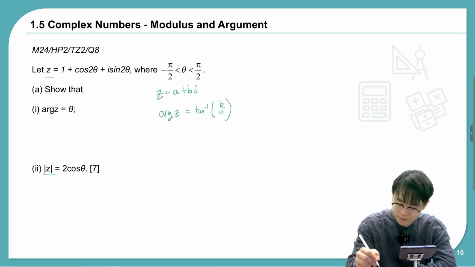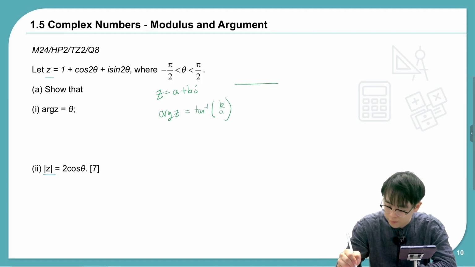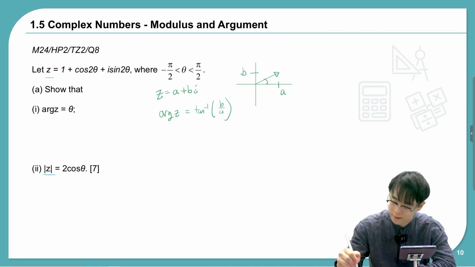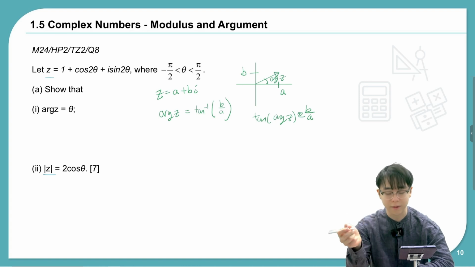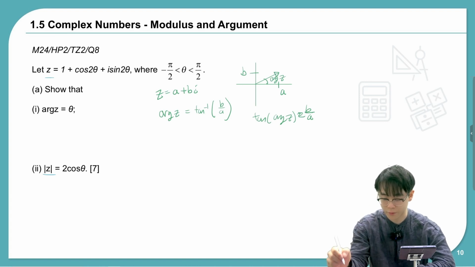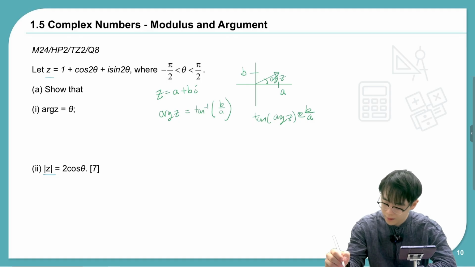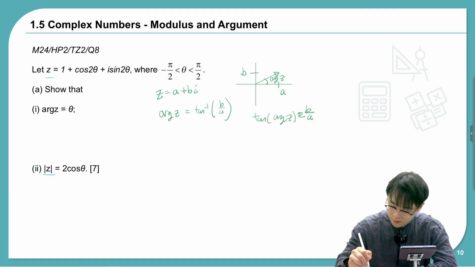So that's because if we have an Argand diagram, we might have a here and b here. So the argument of z we're looking for is this theta, or let's just say this is the argument of z. Then the tangent of the argument of z is going to be b over a. So if you want to find the argument of z, we just apply the inverse operation there. So the argument of z is tangent inverse b over a.